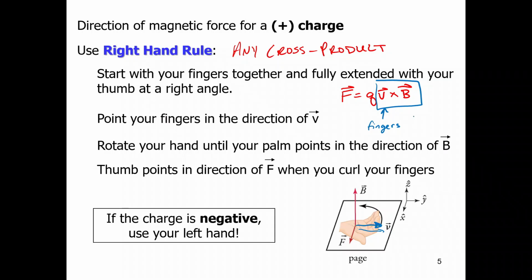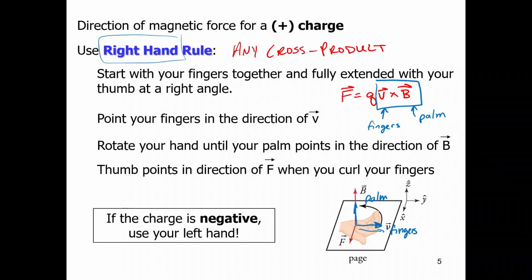And then you rotate your palm so that it is facing B. So if I point my fingers to the right and rotate my palm, it's up. So if I take my right hand, it's a right hand rule, so you have to use your right hand.